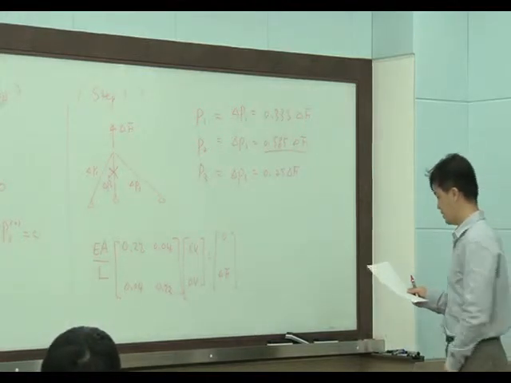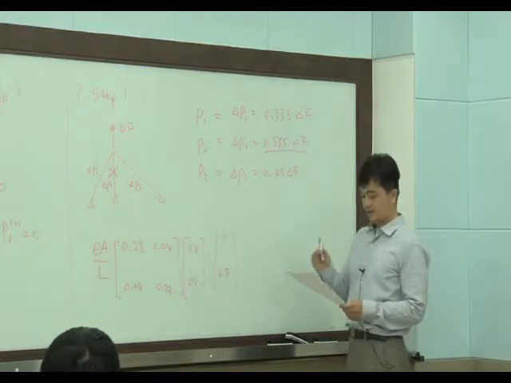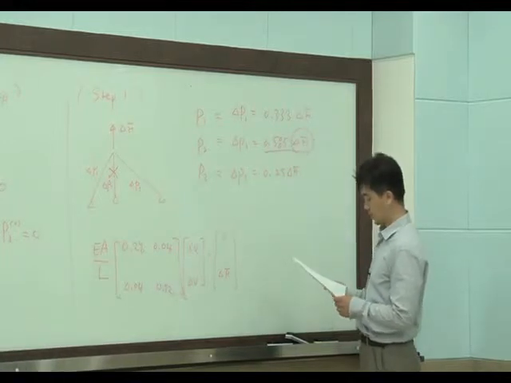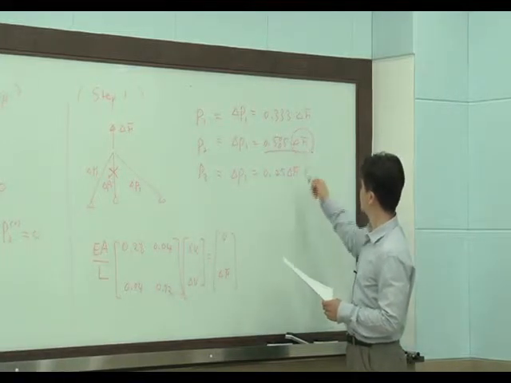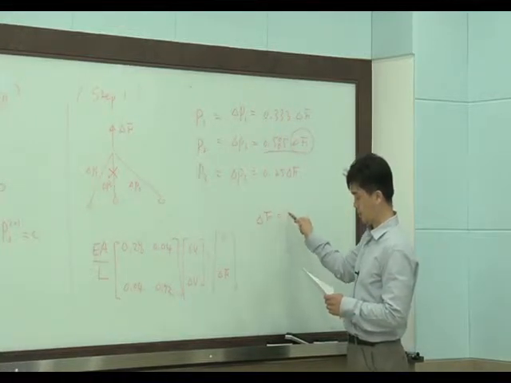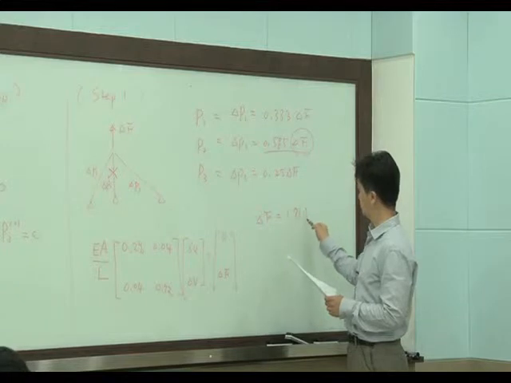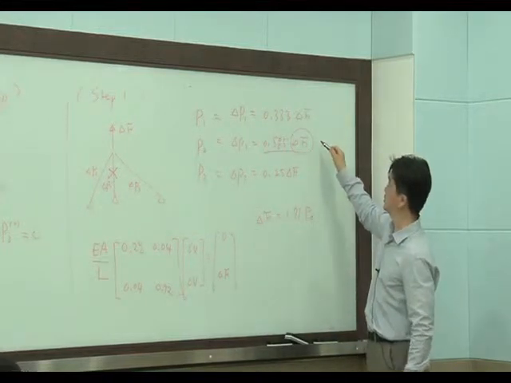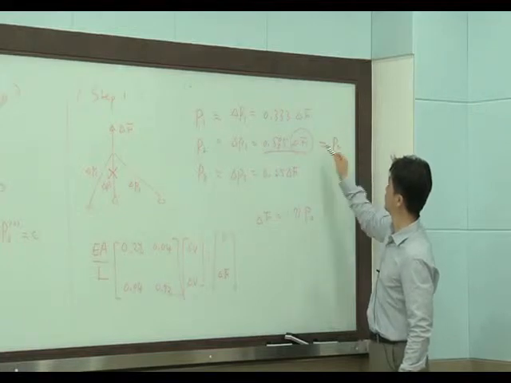Okay, then let's calculate the failure load corresponding to delta F. From this equation, delta F equals 1.71 P0, because at this point this becomes P0.